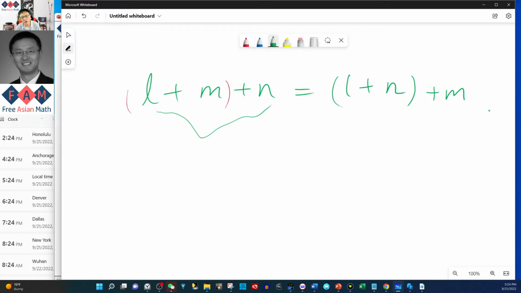Of course, this still works. But this is not the associative law. This is a result of the associative law, but this is not the definition of the associative law.